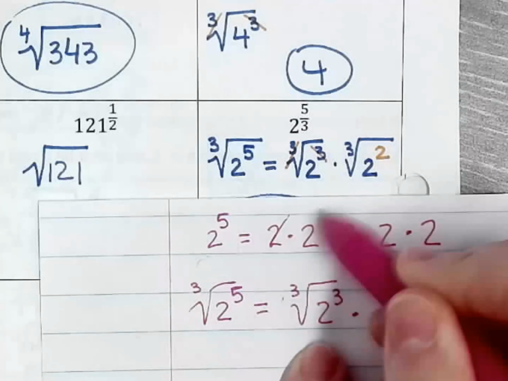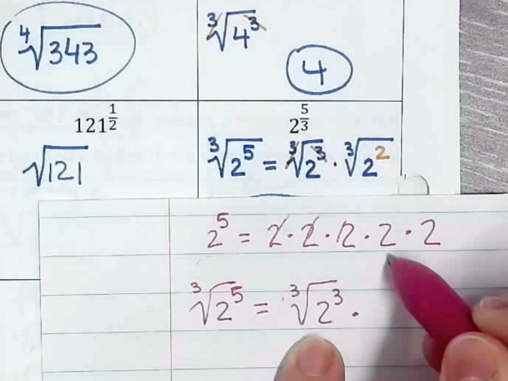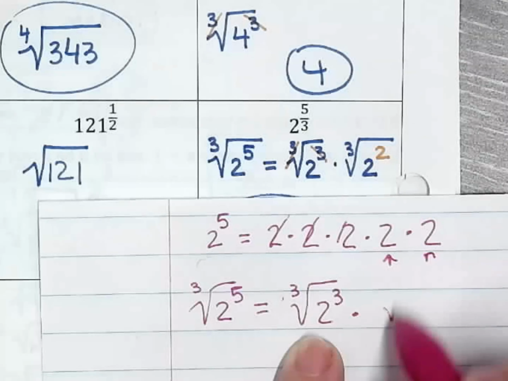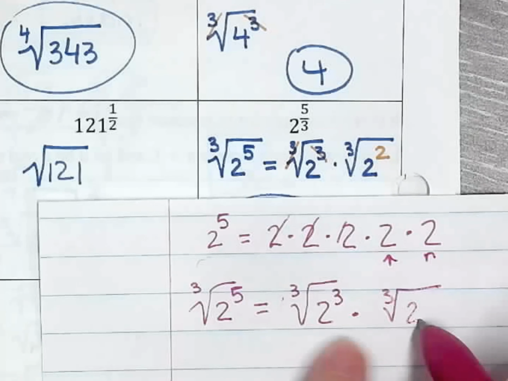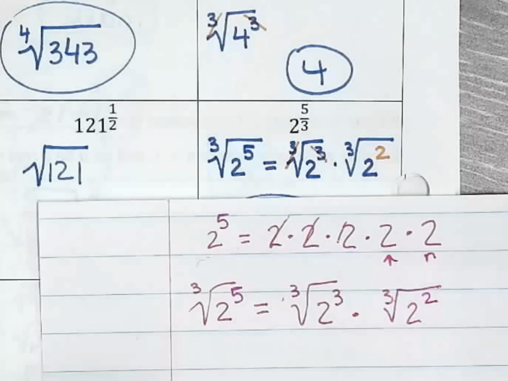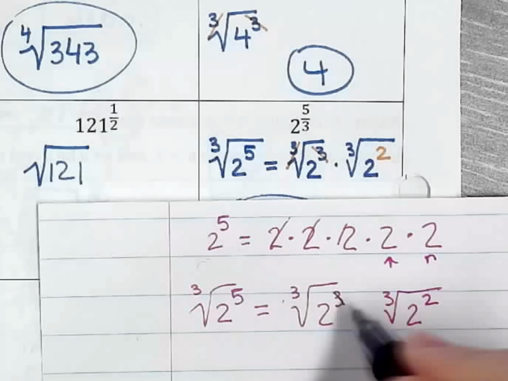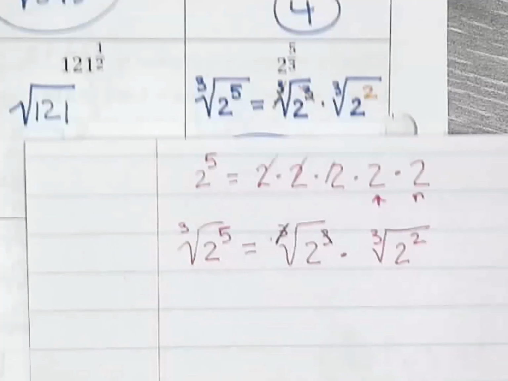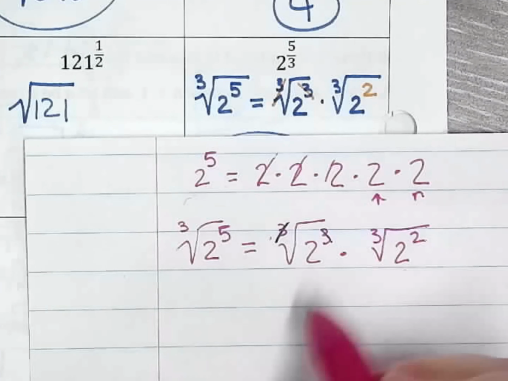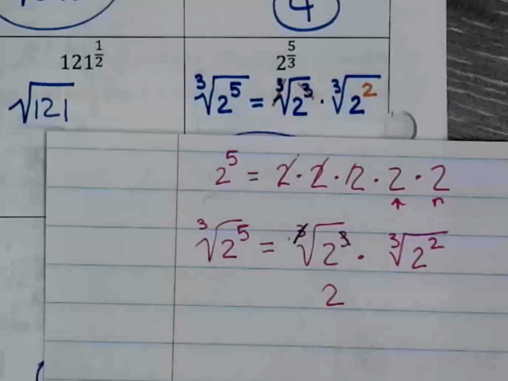But now I took care of these 3. I need to take care of these 2 others. So cube root of 2 squared. Okay, so now I can simplify exponent and the index. I simplify that. I get 2.